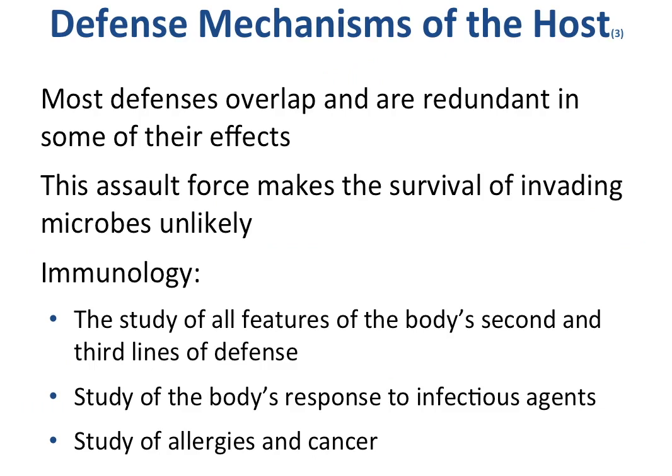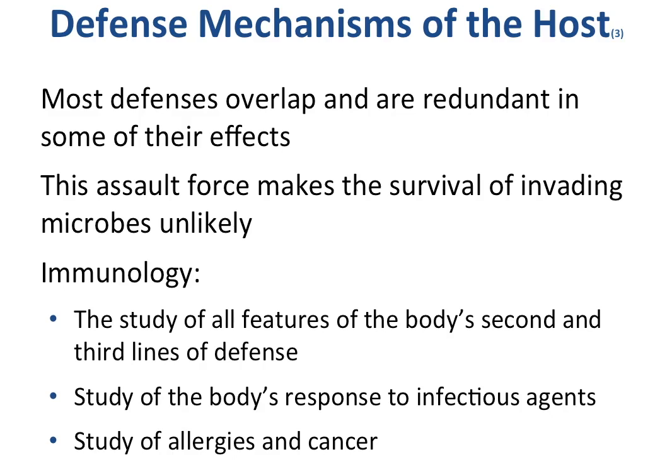Actually, we can see that these three defenses overlap. They are not separated. Skin is the first line of defense. However, under the skin we can also find cells that can kill pathogens, such as macrophages. Macrophages are the second line, right?